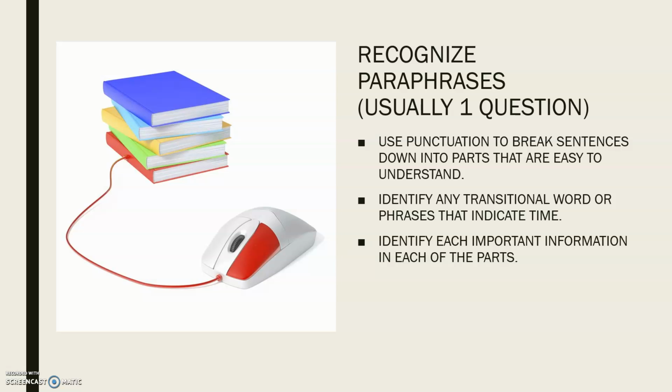Identify any transitional words or phrases that indicate time, like before, after, meanwhile, first, during, until, finally, and also words that show contrast, like however, but, similarly, instead, on the other hand, and also words that show addition, like also, in addition, moreover, as well as, and so on. Identify the important information in each of the parts.